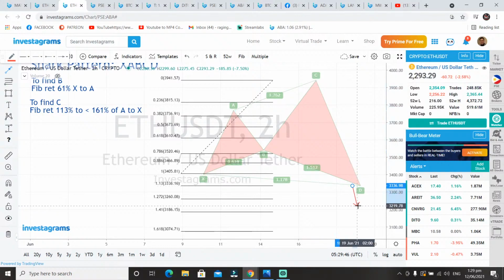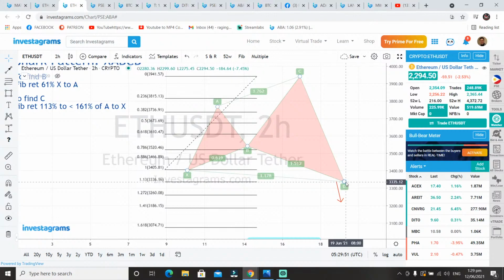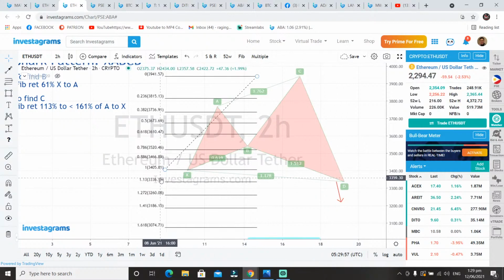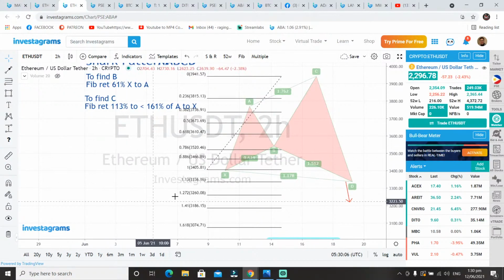Usually traders enter at the D level, and once they enter here, this is the limit, that's the time they can put their cut loss level. It's up to you to find your cut loss based on previous candles.